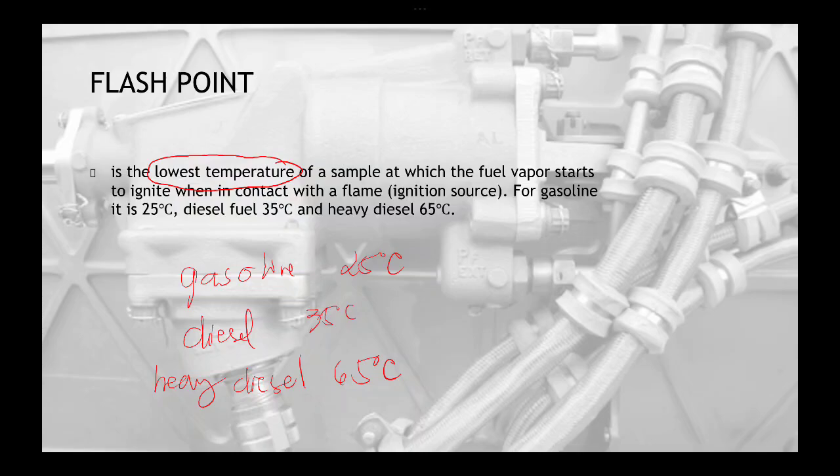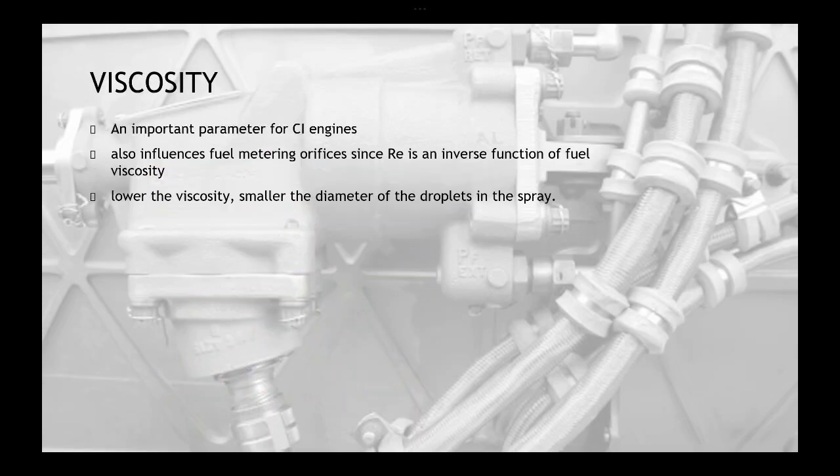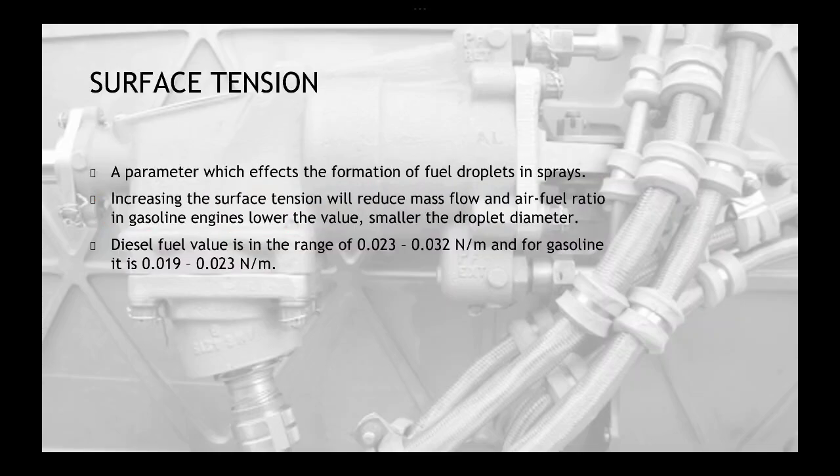Okay, that's flash point. So we have another term, which is viscosity. It is an important parameter for compression ignition engines. Take note that the lower the viscosity, the smaller the diameter of the droplets in the spray. That's viscosity. Next, we have the surface tension. It is a parameter which affects the formation of fuel droplets in spray.